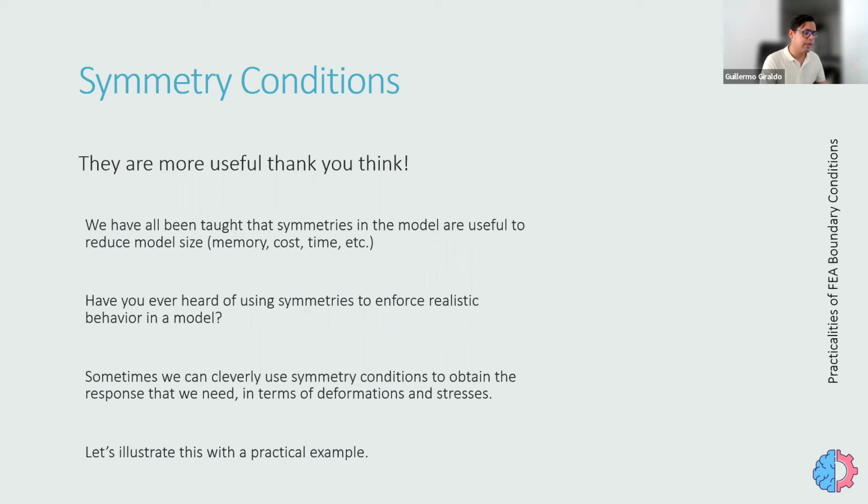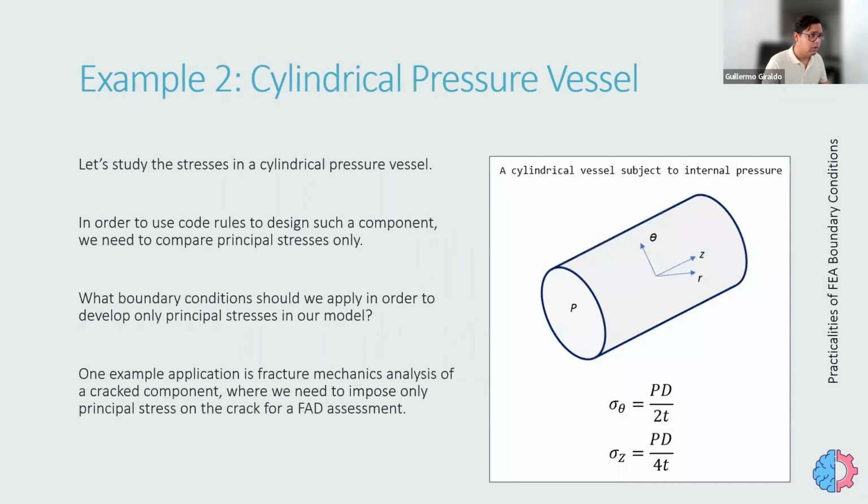So that's something very important to keep in mind. And one thing that can help us sometimes, in making our model more realistic, is the use of symmetry conditions, and we will see a very clear example of this right now. So let's think about a cylindrical pressure vessel.